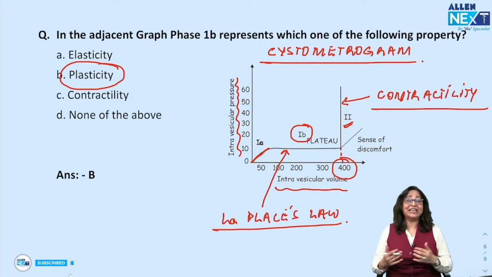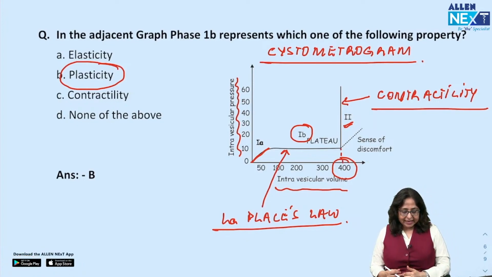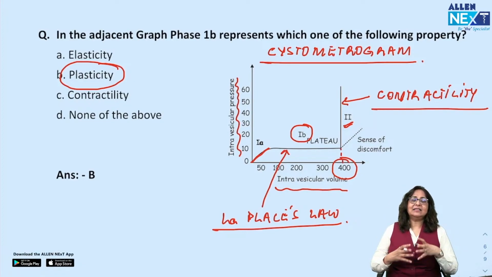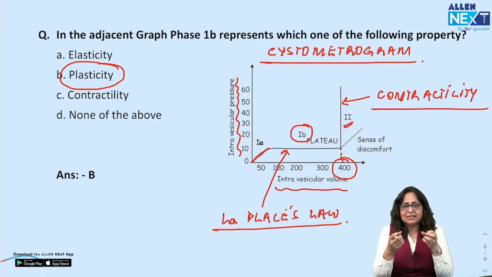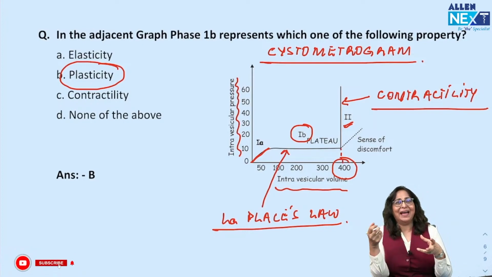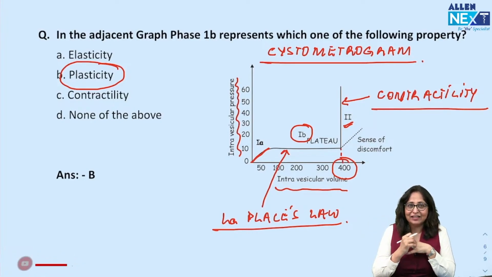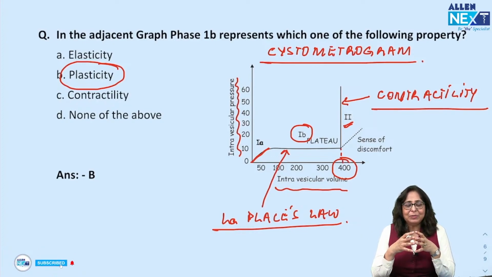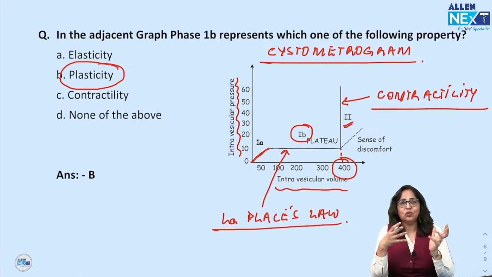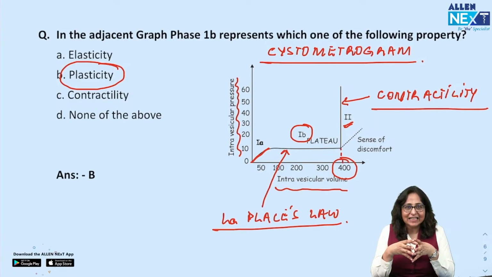So Vivek says, why not elasticity? Now, what is elasticity? Elastic will be like a rubber band. You stretch it, there is a tension which is generated, and then it will tend to recoil to its original size and shape. Like, for instance, when we talk in terms of blood vessels, like the aorta, the large arteries, these are elastic vessels.